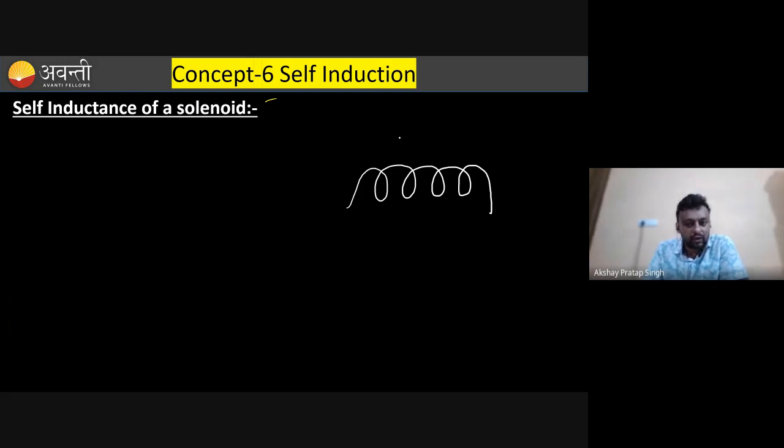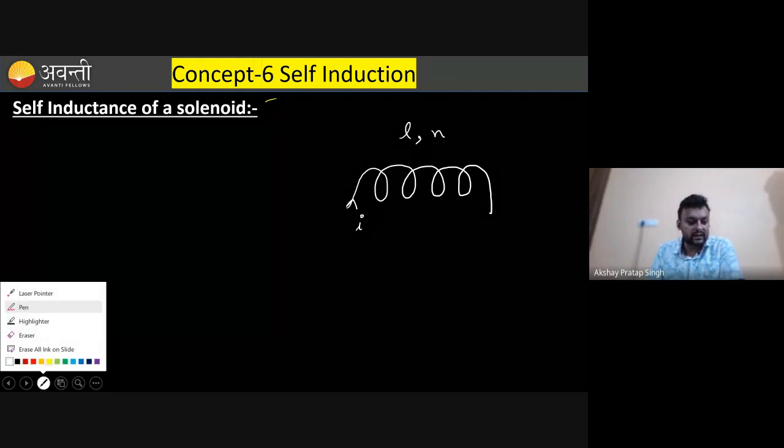The length of the solenoid is L. It has some n number of turns per unit volume. I hope everybody knows this small n. Small n means n number of turns per unit volume. And there is a current I that I have given to it. This is I, current. And I need to calculate the self-inductance of the solenoid.